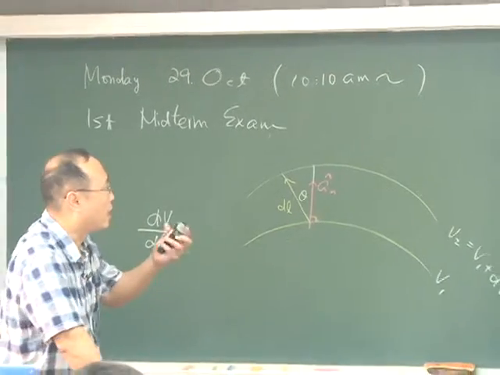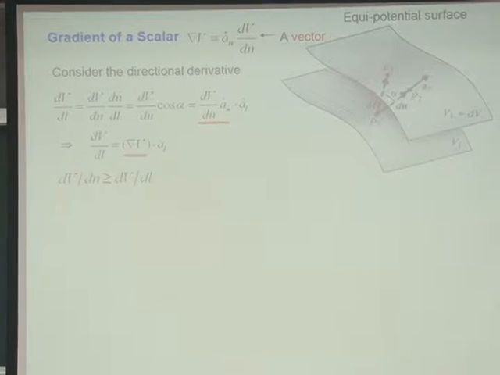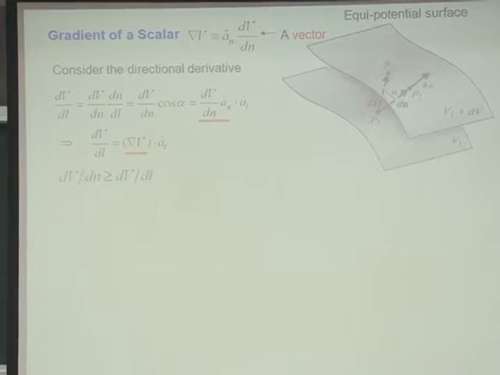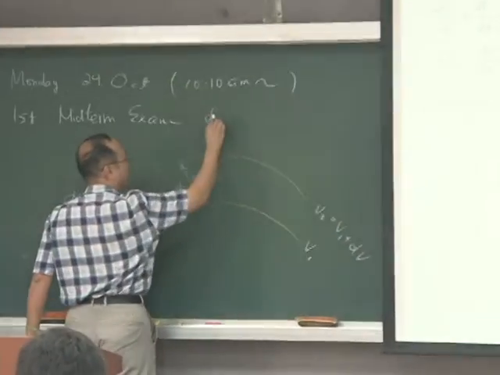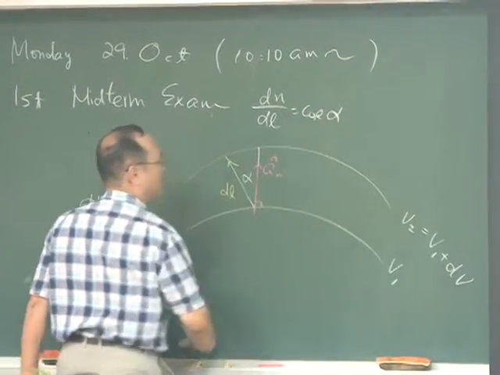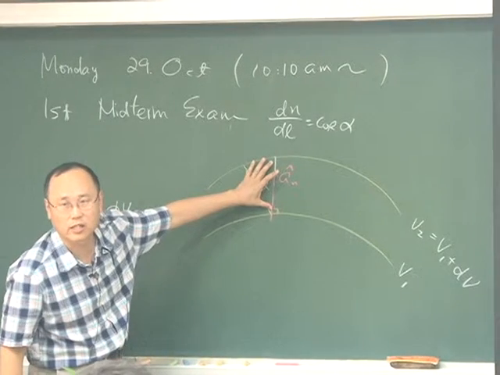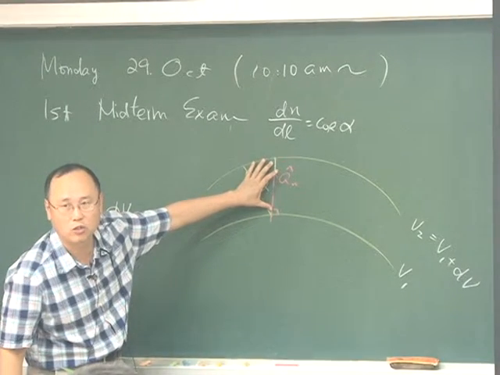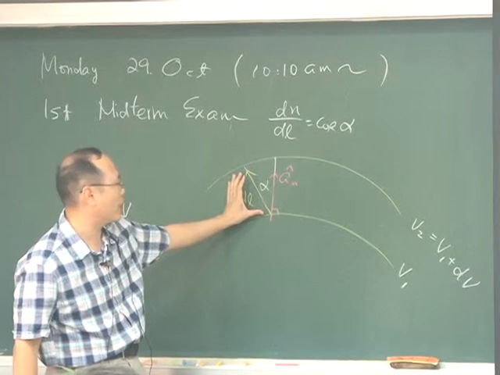Okay, so this dn over dl basically is equal to cosine alpha. Let's see, to be consistent, I should change this to alpha. So dn over dl is cosine alpha. Basically, this normal along the direction of the surface normal, any length like dl is a projection.